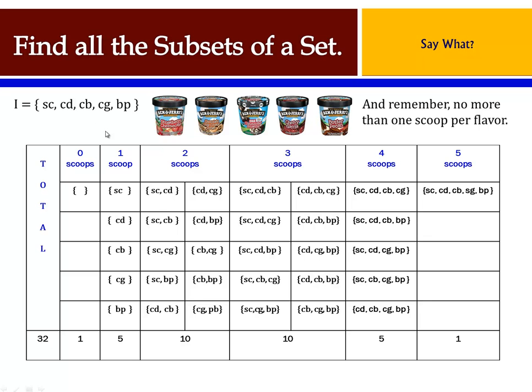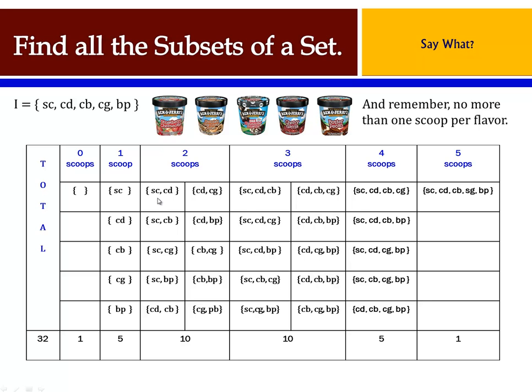So I'm reading down this way, and you can see, if you count these up, there are 5 ways that you could choose to have a single scoop, and that is to have 1 scoop of each of the flavors. Then it gets a little harder when you get up to 2 scoops. So you have to start matching up the first one with each of the others.